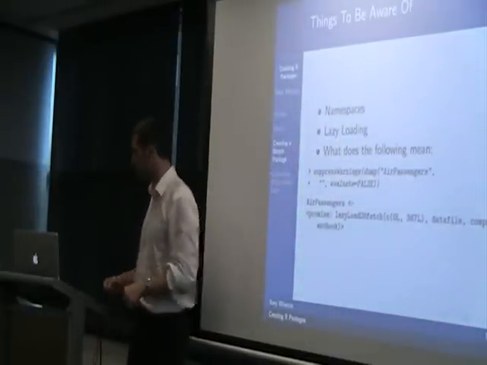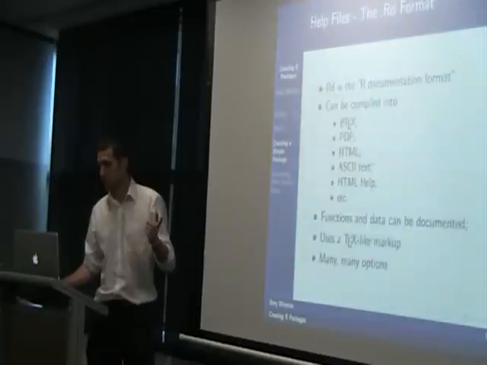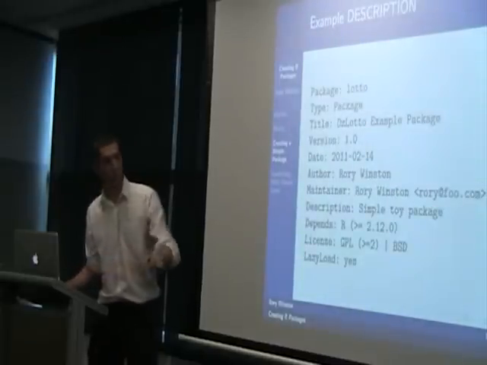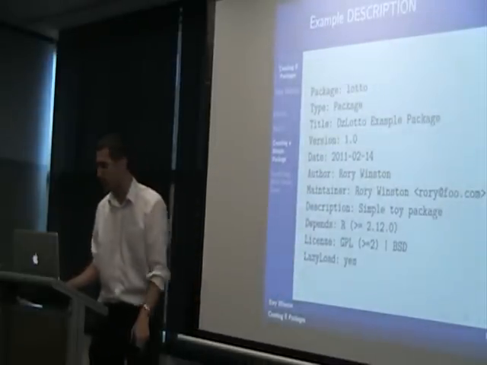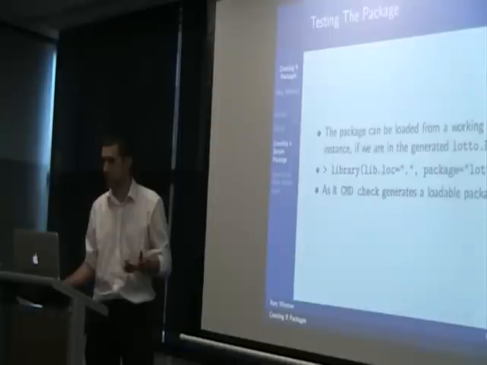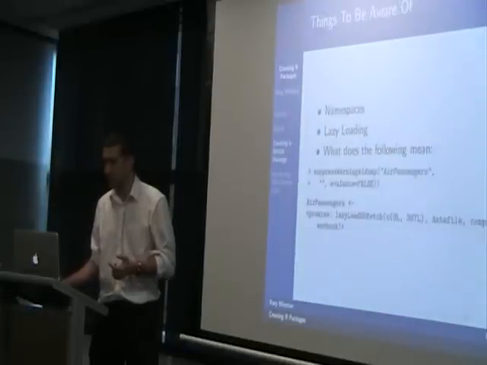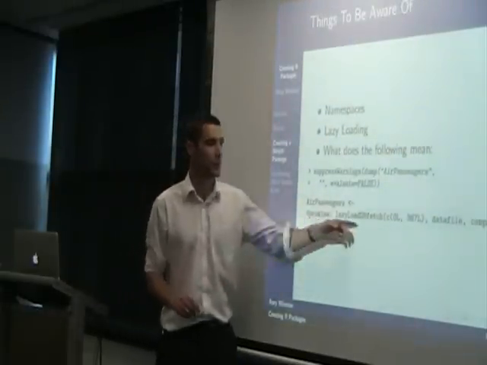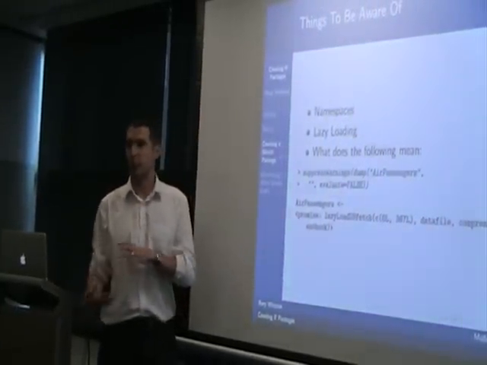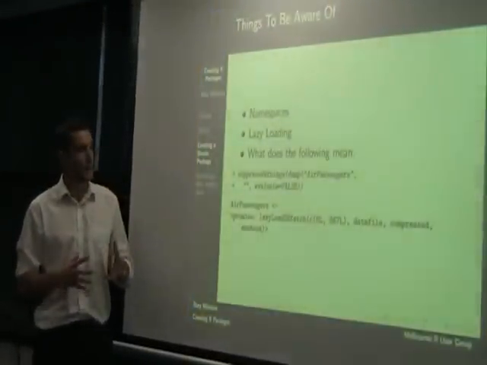If you remember, the one thing I skipped over in the DESCRIPTION file was this LazyLoad item right at the very end. This was introduced a long time ago into R, and it is the default behavior for all packages.